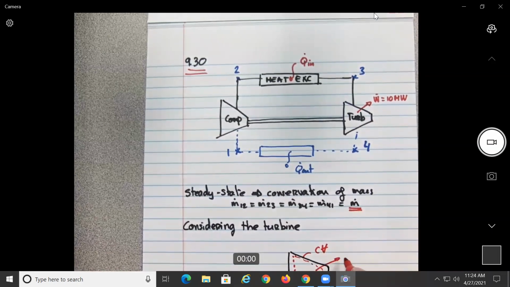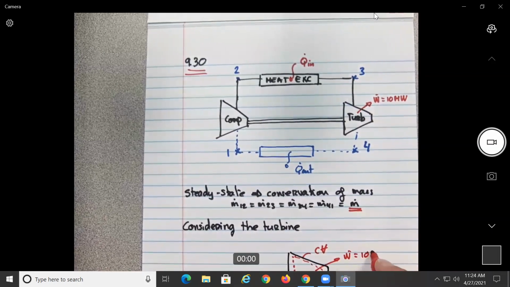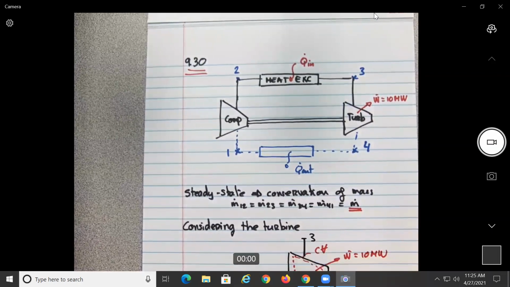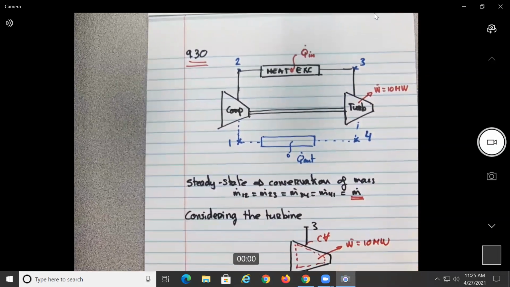And what else do we know? This is given an amount of power of 10 megawatts, and this is between 3 and 4.